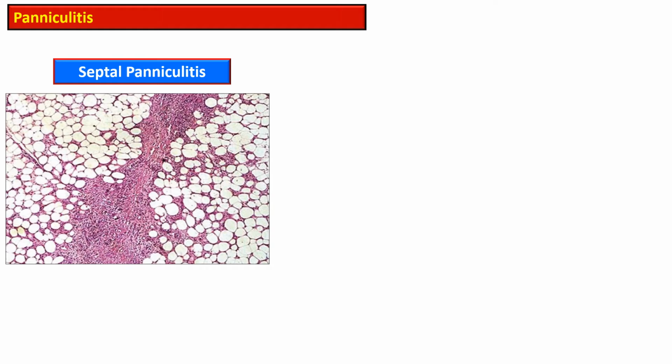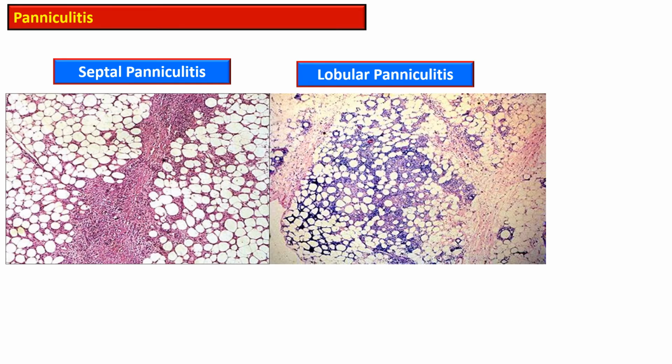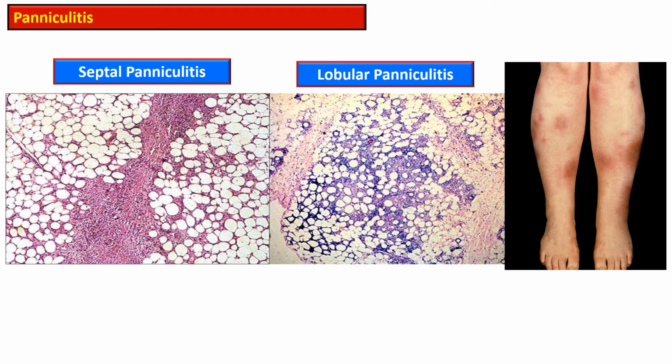When the inflammation is limited to the fibrous septae, this is termed septal panniculitis, and when the inflammation mostly involves the lobule of the fat, it is termed lobular panniculitis. This is the lesion of erythema nodosum. The details of these lesions we are going to see later.